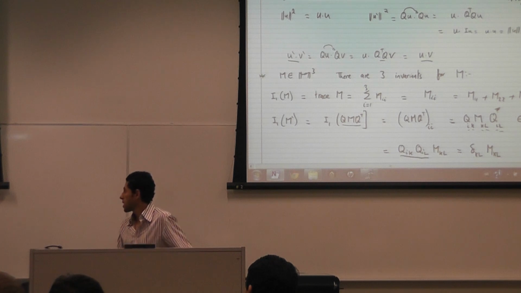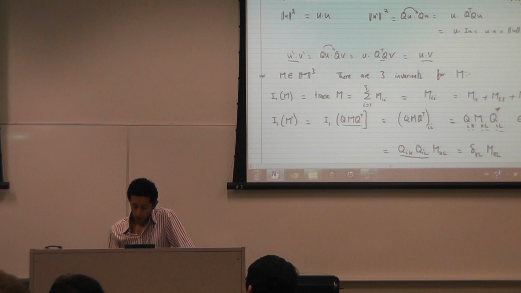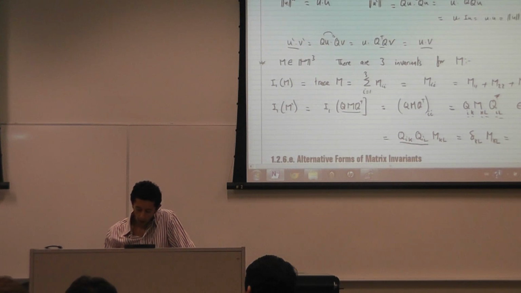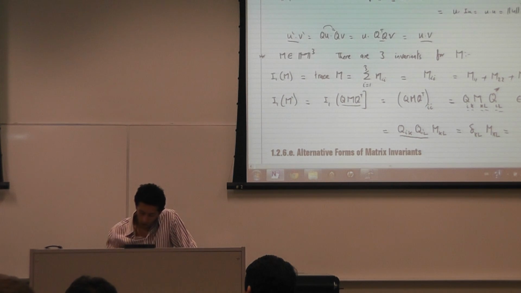Here I'm summing over k and I'm summing over l. So this is summing over k from 1 to 3 and l from 1 to 3. But this will only give me a value, 1, when k is equal to l. So this is equivalent to summing over k. Summing over k is the same as summing over i.